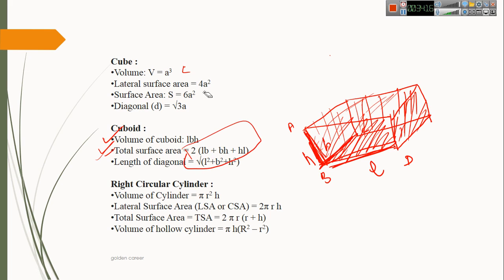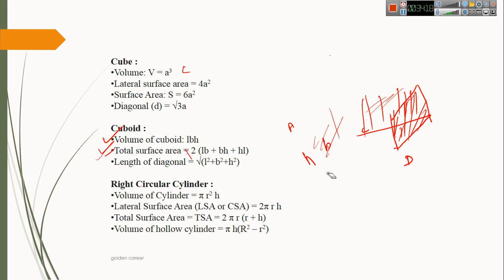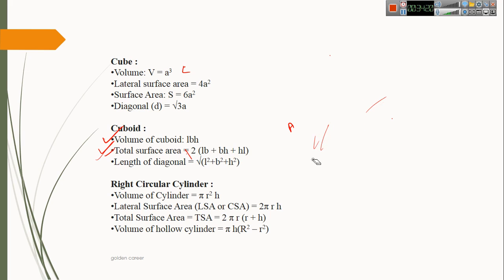Then we have a right circular cylinder. For a right circular cylinder, we can have two kinds of cylinders, like this cylinder. It should be symmetrical, the distance should be the same throughout.